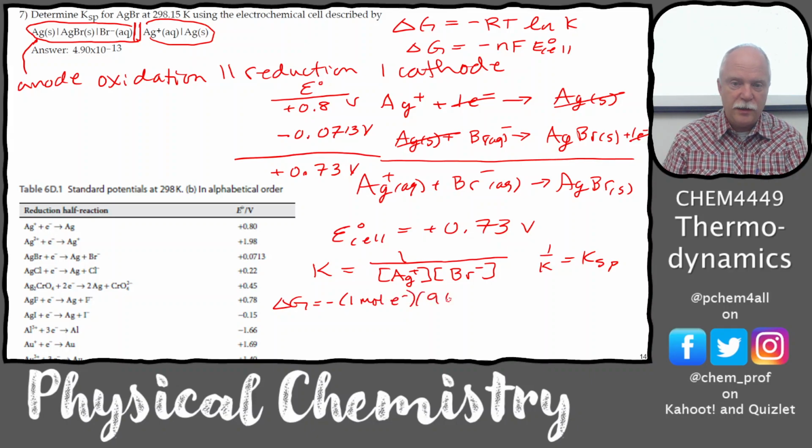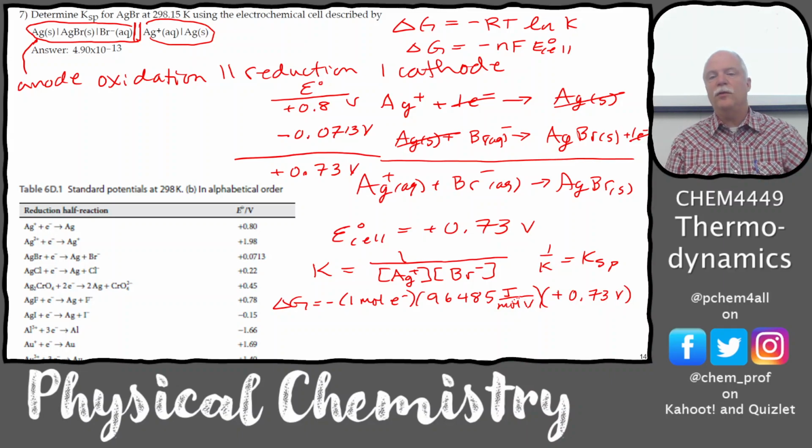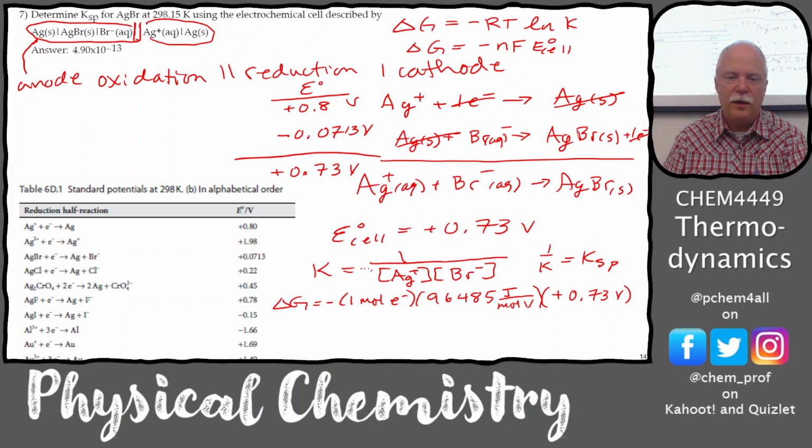Faraday's constant is 96,485 joules per mole per volt. And then I've got volts here, plus 0.73 volts. So my volts cancel, my moles cancel, and I get joules for my Gibbs free energy. And it's negative because I have a negative sign out front. So I've got a nice spontaneous reaction. I could have asked you that question too. What's the Gibbs energy for this reaction?